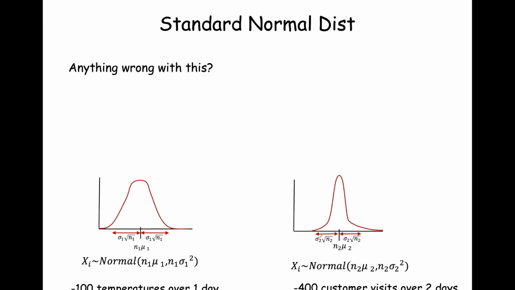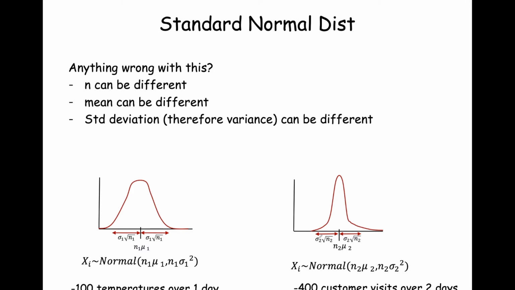Okay, so what is wrong with this? Well, for one, n can be different. The mean can be different, as we said, and because the variance is different, the standard deviation is also different. So it's really hard to make a comparison. In similar fashion, if you said a $100 a share security increased to 125, well, that represents a $25 increase.